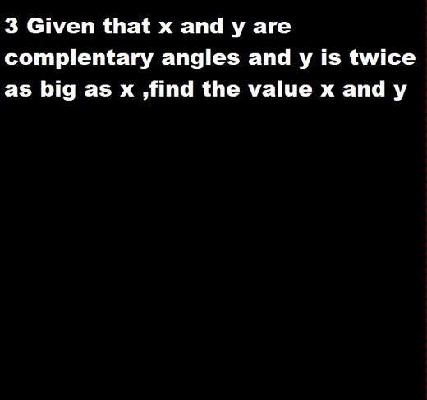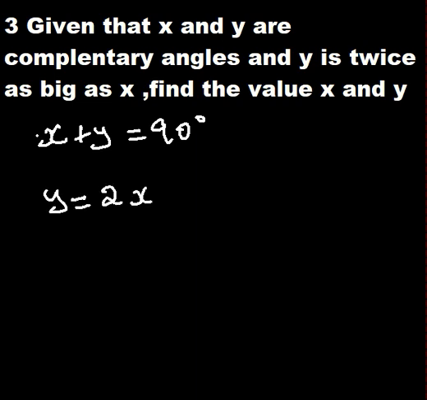And now we also have a very interesting question that we can see here. Given that x and y are complementary angles, so that is x plus y equals 90 degrees. That's the information you can see from there. And y is twice as big as x, which means y is equal to 2 times x.